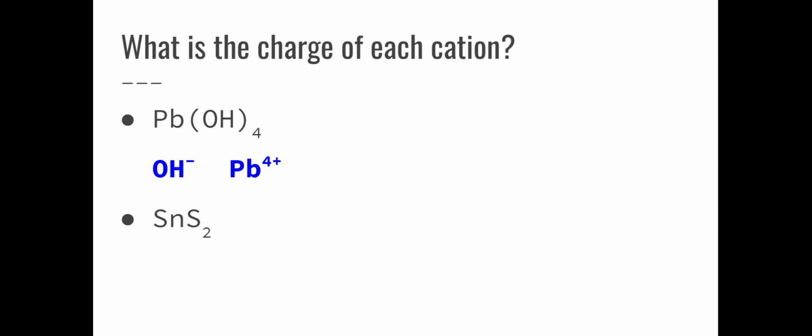The rules for binary compounds are you list the cation first, that would be the tin. You list the anion last, that would be the sulfur. And when you say the name, you change the ending of the anion to -ide. So I would not call this tin sulfur. I would call this tin sulfide. Tin sulfide.